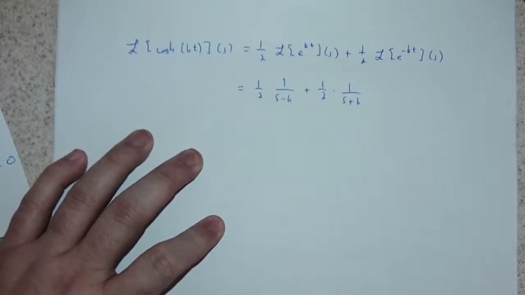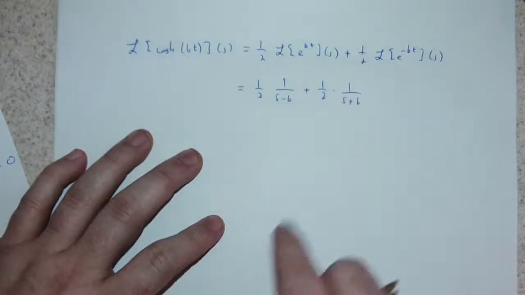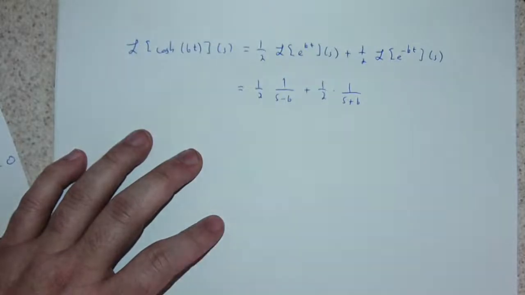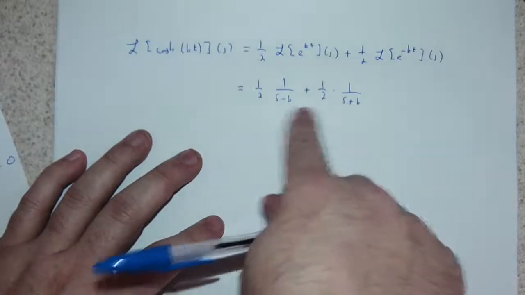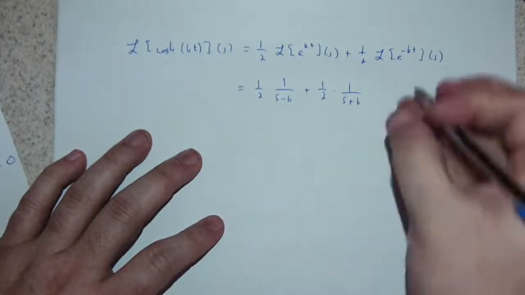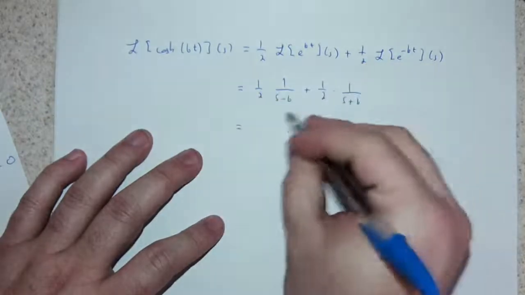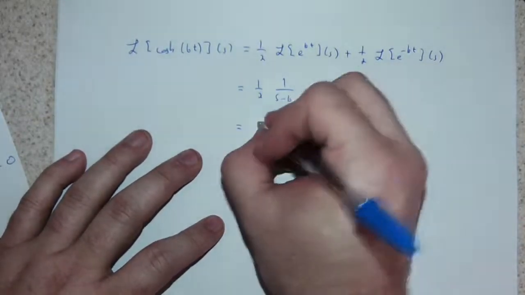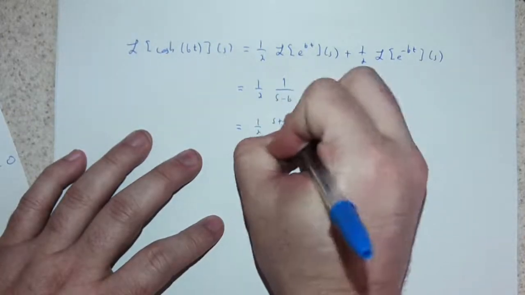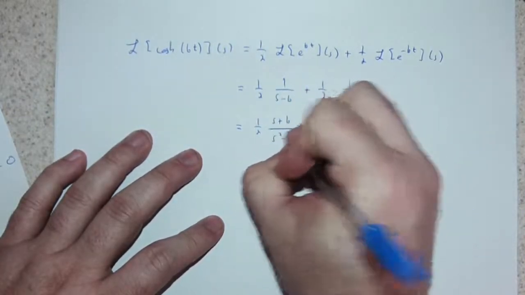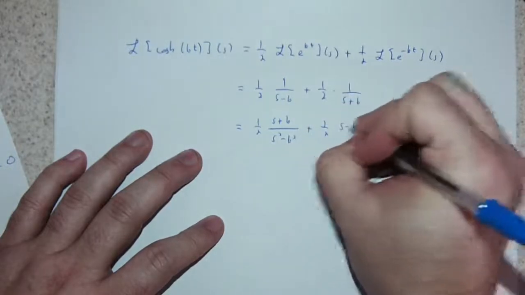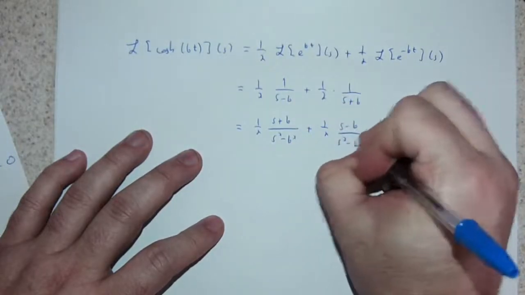Which, if I do the algebra here, right, I multiply these two things, this is how difference of squares factors. And so what I get if I combine these two things is 1/2 (s plus b) over (s squared minus b squared), plus 1/2 (s minus b) over (s squared minus b squared).